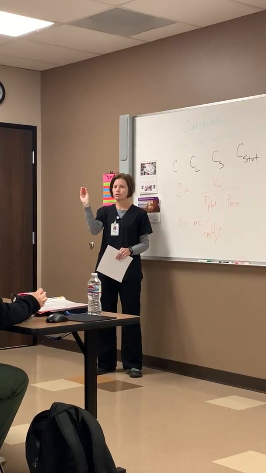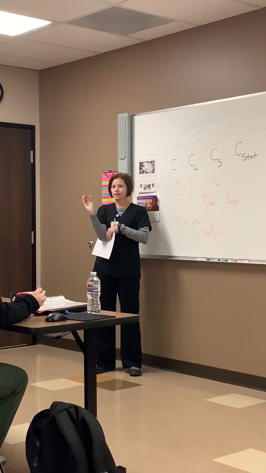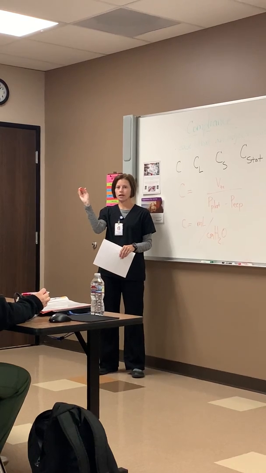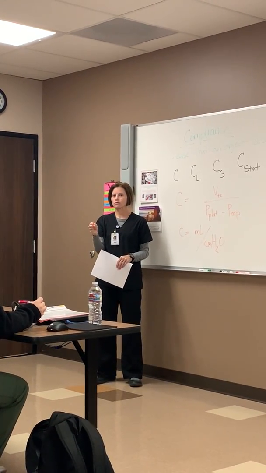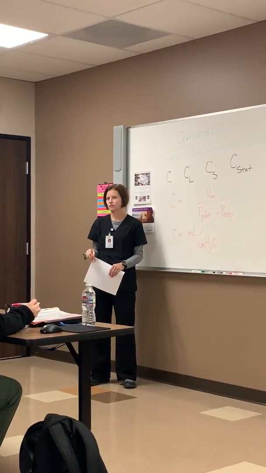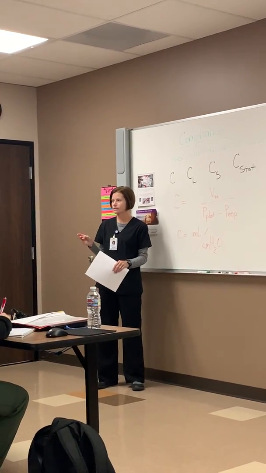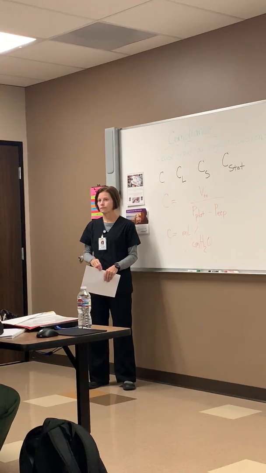Compliance would be if I stretch it and I have to hold it open, I can feel that it's taking pressure for me to hold it open, and that is the compliance. If I relax my fingers, it bounces back to its original shape. So that's why you'll see it say compliance is the inverse of elastance. Does everybody understand that? Does it make a little bit of sense? If not, say so, and we'll keep trying to work through it. Okay?